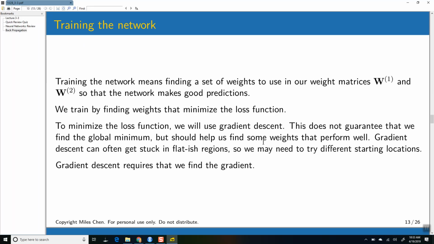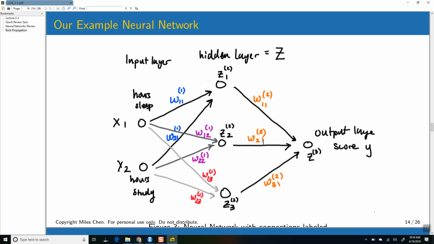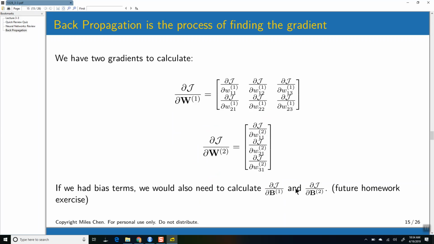that we have to watch out for. But anyway, in order to do gradient descent, which is what we're going to do, we have to find the gradient. Finding the gradient just means figuring out the derivative of our y-hats with respect to our W matrices. We want to eventually get these two gradient matrices: the gradient with respect to W1 and the gradient with respect to W2.